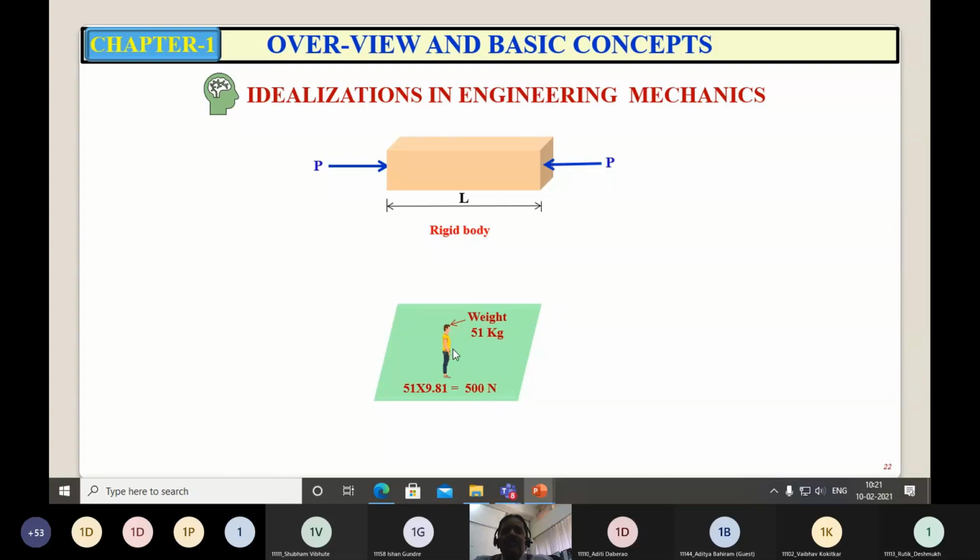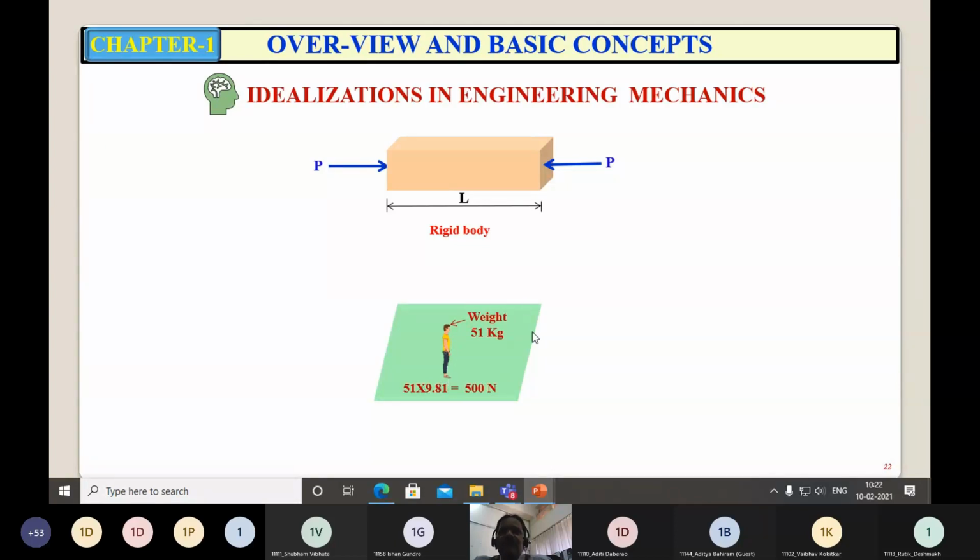Now this person is exerting a force on the floor. There is an interaction between the floor and this person. That interaction is taking place through the area of contact between his feet and the floor, right? So his entire weight is acting on the floor through the area of his feet.